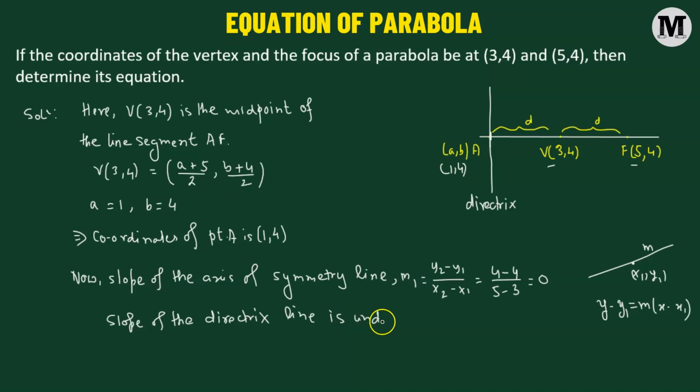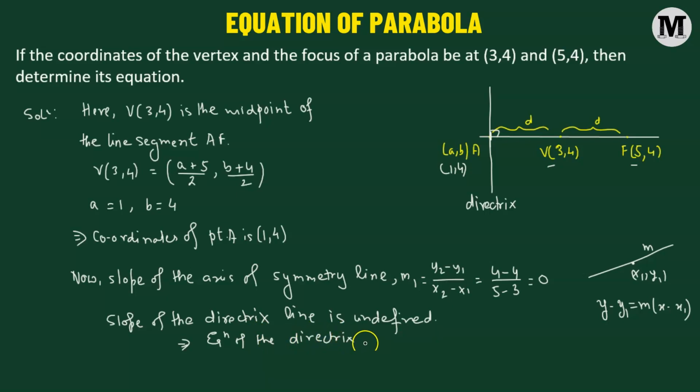The reason behind this is that the axis line is along the x-axis, and since the directrix line is perpendicular to the x-axis, it is actually parallel to the y-axis. And we know the slope of a line which is parallel to the y-axis is always undefined, which simply means that the equation of the directrix will be given by, we have a standard form for that.